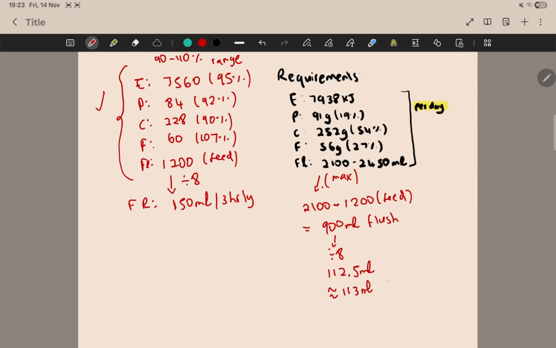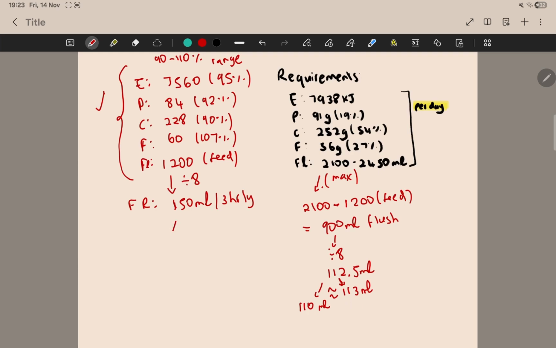You can either round up to 113 mL, or you can round down to 110 mL for ease if you don't have the pump. Ideally, you want to be as close as possible to your calculations.